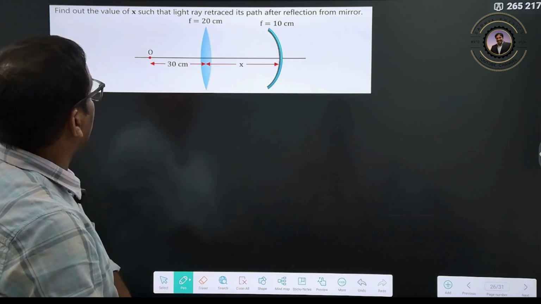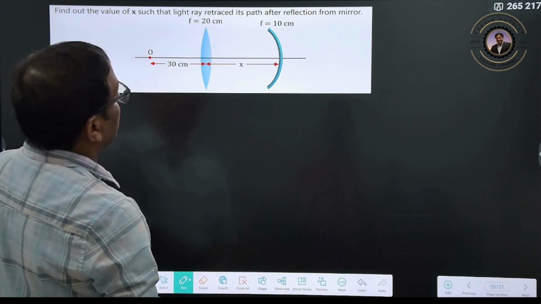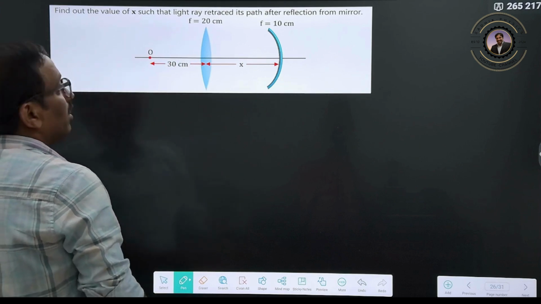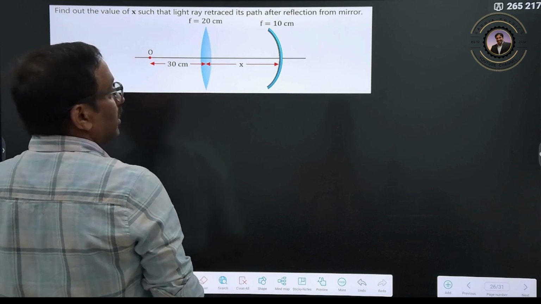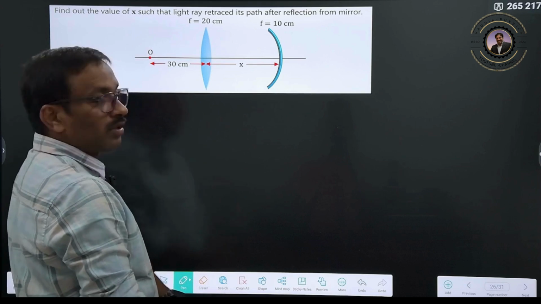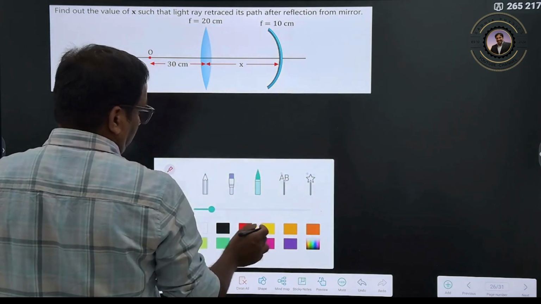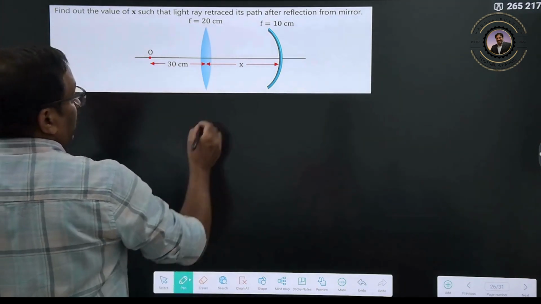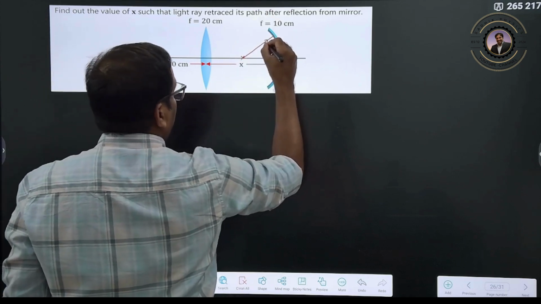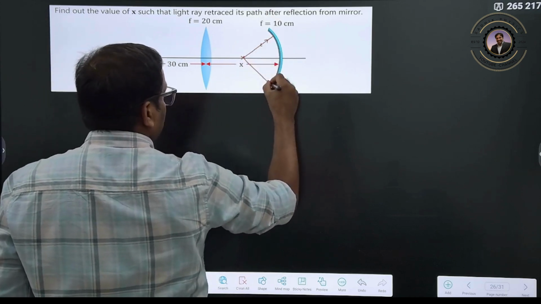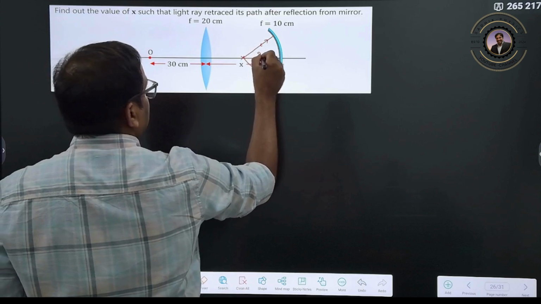Retrace its path means compulsorily the light ray should fall along the center of curvature. So if a light ray is coming and falling at this point, it should retrace.